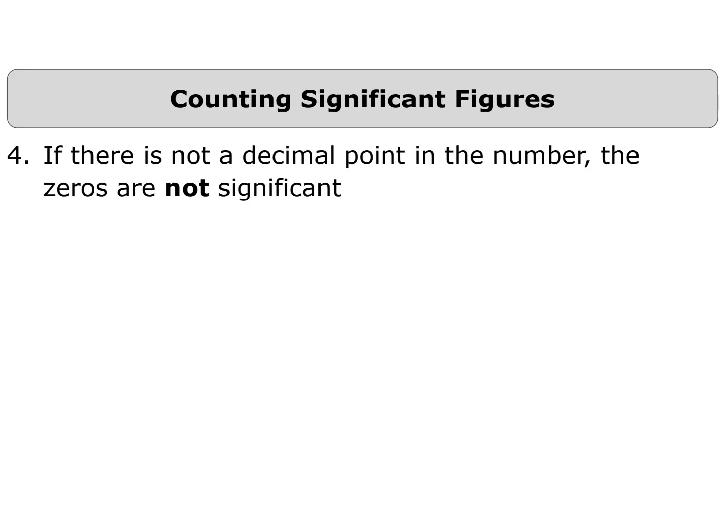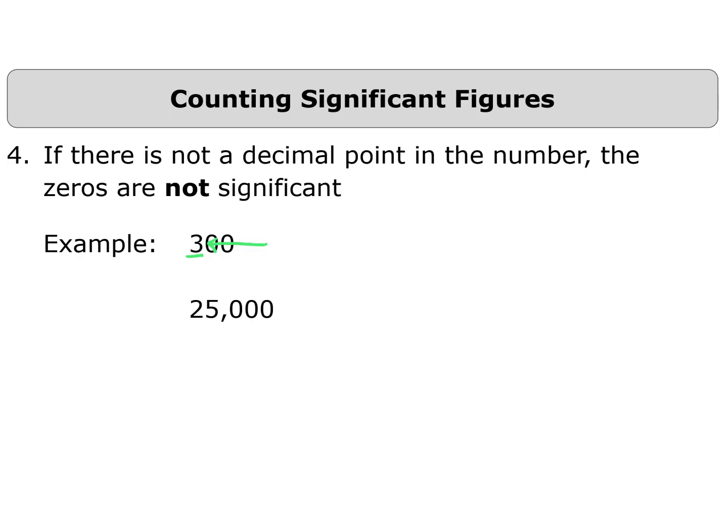If there is not a decimal point and the zeros are not between other digits, the zeros are not significant. So here, if you do not have a decimal point, if you draw your arrow from right to left to your first non-zero number, then everything to the left of that would be significant.